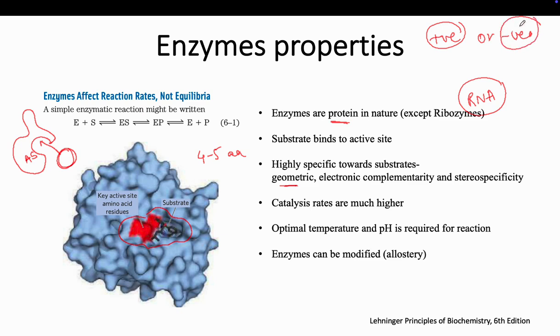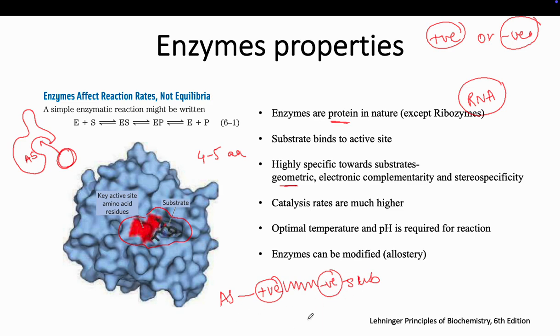So for the substrate to bind, if the active site has a positively charged amino acid, the substrate should have a negative charge, so that there will be a force of attraction between them.